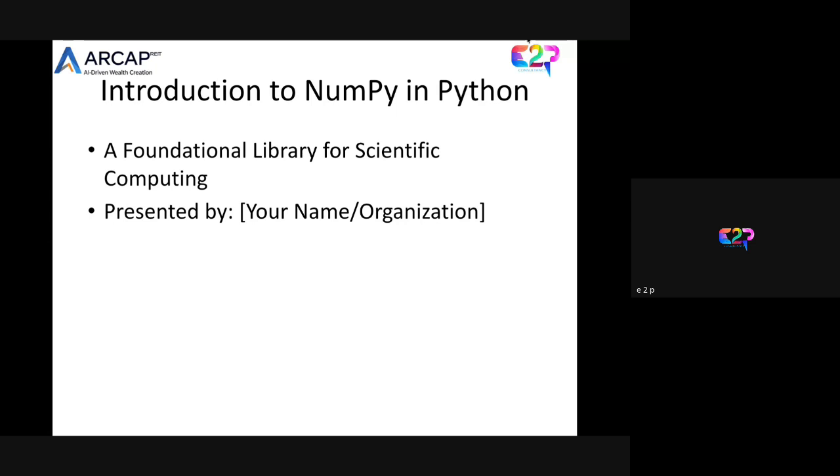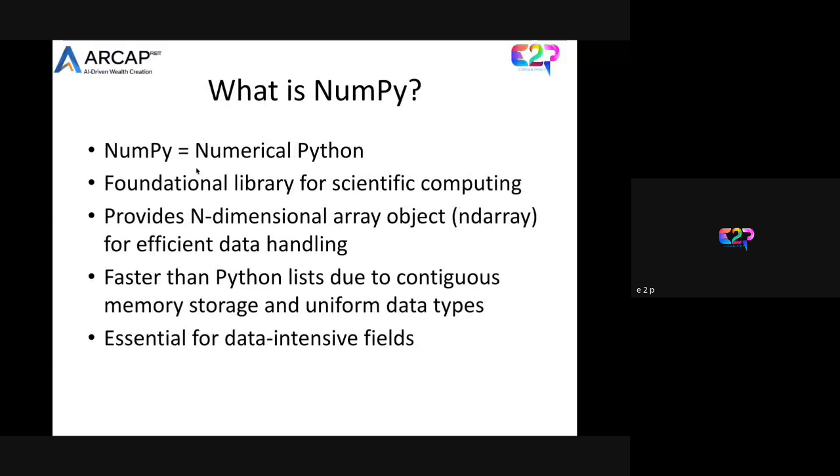So NumPy is Numerical Python. Basically, it is very useful because it provides the n-dimensional array object, an ndarray, for efficient data handling, so that using this n-dimensional data object we can easily work.